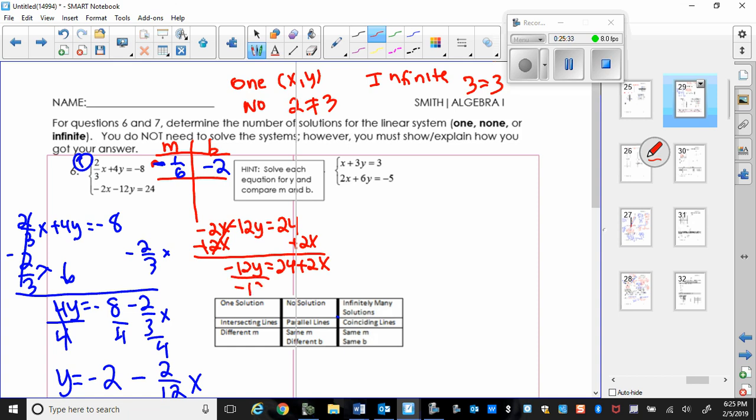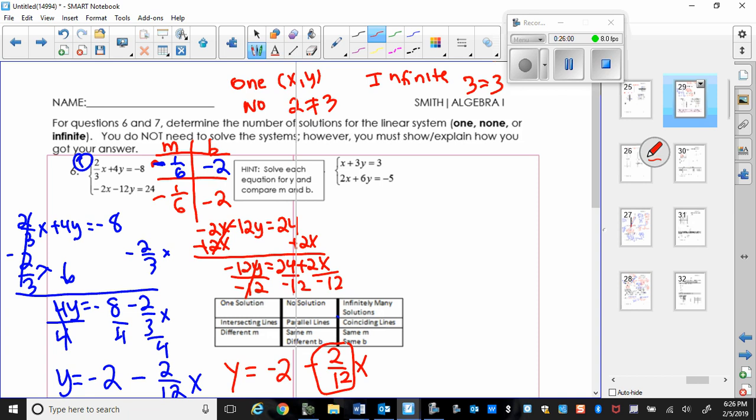Divide both sides by negative 12. And I get y equals negative 2, so far, so good, minus 2 over 12x. And remember what I told you, we have to simplify this number. And we did it earlier. And it simplifies to negative 1 over 6. So for my second equation, my slope is negative 1 over 6. My y-intercept is negative 2.